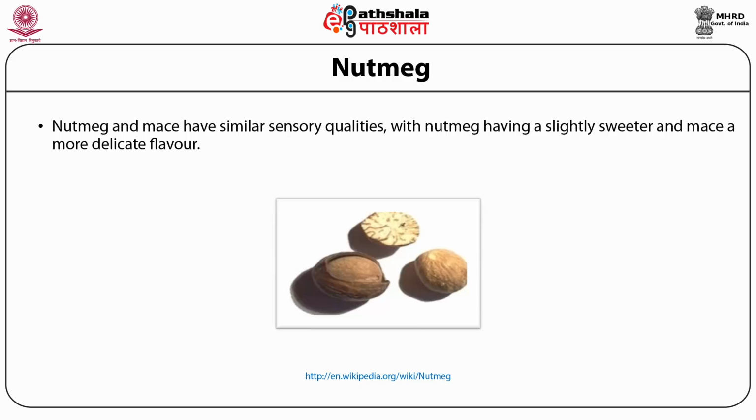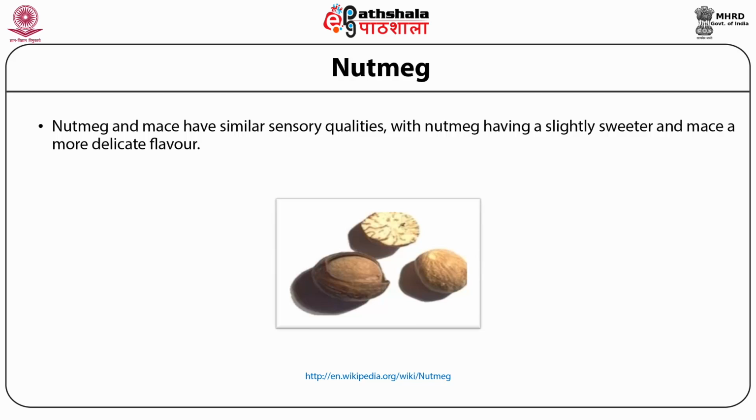Nutmeg, known as Myristica fragrans, belonging to family Myristicaceae, is a large tropical evergreen tree known as jaifal in Hindi and is cultivated in Moluccas, Asia, Sri Lanka, and Grenada.